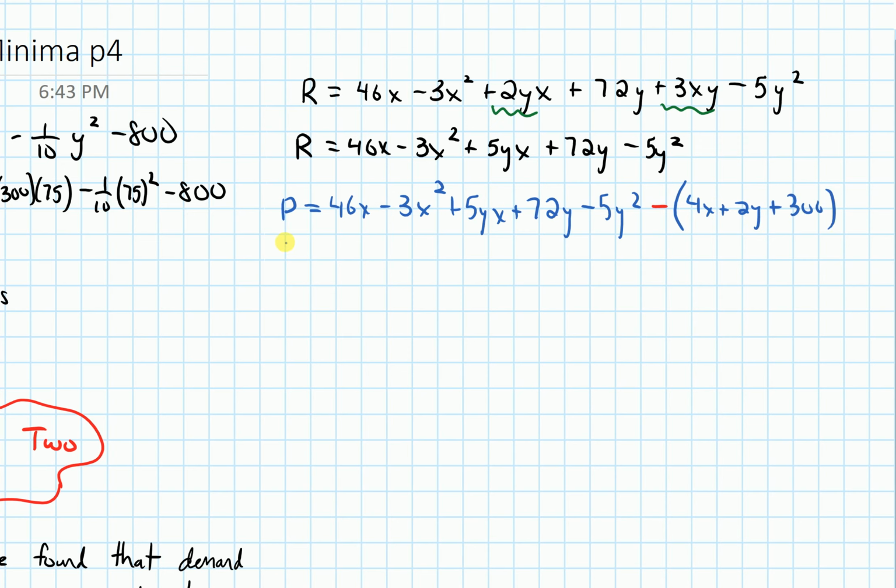And now if I do distribute the negative sign, we'll get 46x minus 4x, which is 42x minus 3x squared plus 5yx. We'll get 72y minus 2y, which is plus 70y, and then minus 5y squared, and then minus the 300. Alrighty, so that is our profit.